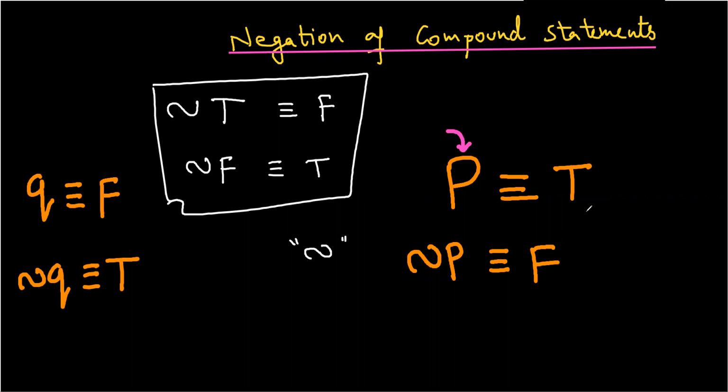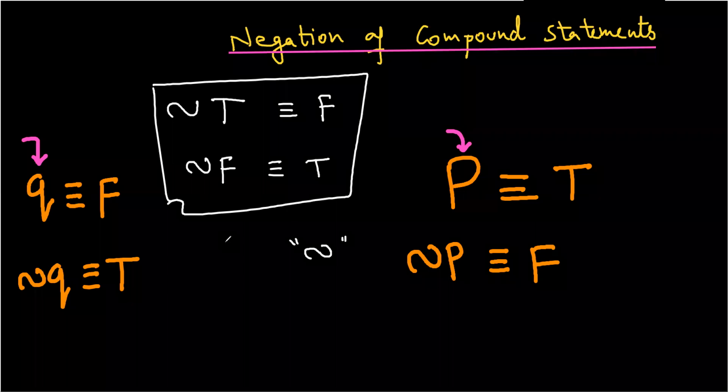But you notice that P is a simple statement. Here Q is also a simple statement or a component statement. In this section, I'm going to teach you how to write the negation of a compound statement.